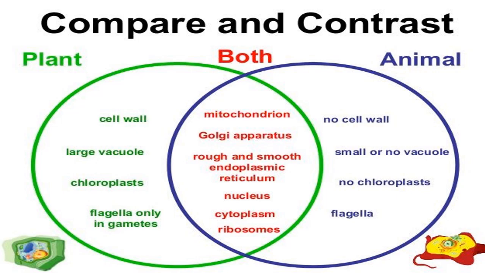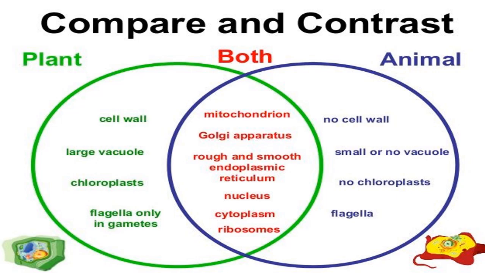Flagella is the structure which aids in the movement of a cell, but in the plant family flagella is found only in gametes. Gametes means small reproductive structures of plants which occur before fertilization.